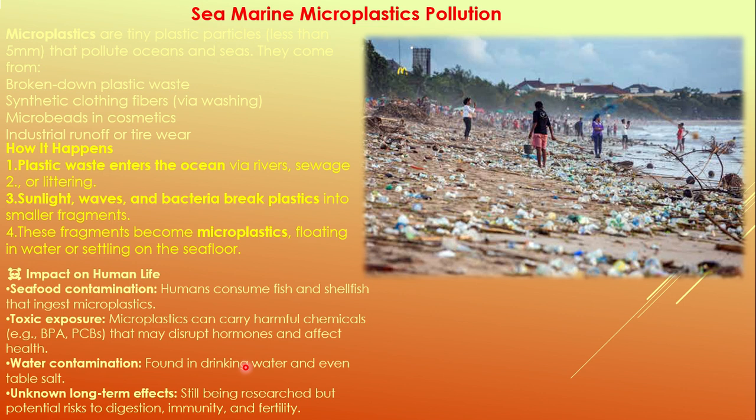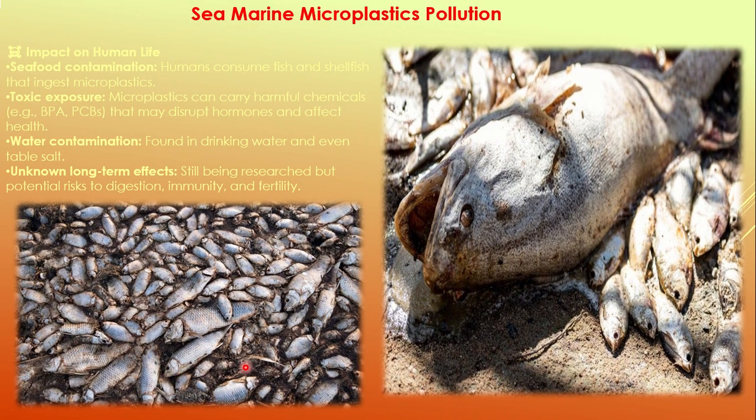Then there are unknown long term effects that are still being researched, but the potential risks are to digestion, immunity and fertility. These are very dangerous effects. So we can understand how the sea is polluted by the microplastic which we humans are using, and the lives of sea creatures and humans are in danger due to single use plastic.